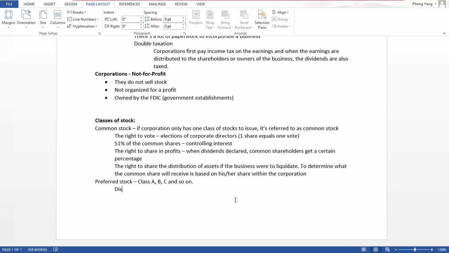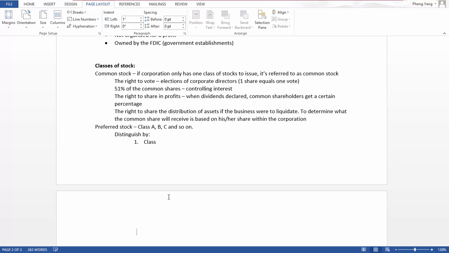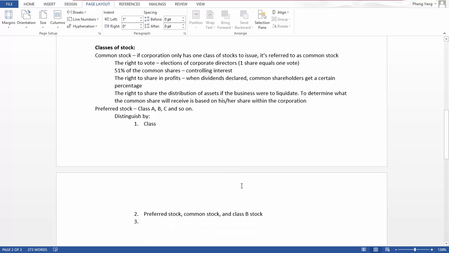You can also distinguish it by, and this is on page 1, the classes which we have. And then there's also preferred, common stock, and Class B stock, and in the text, this is common for Hershey Foods.